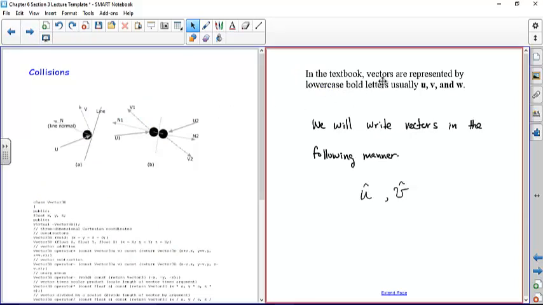Now in the textbook, vectors are represented by lowercase bold letters, but since I'm going to be writing things, I can't write bold or italics, so we'll write vectors in the following manner. So we use a letter, usually a lowercase letter, to represent vectors.